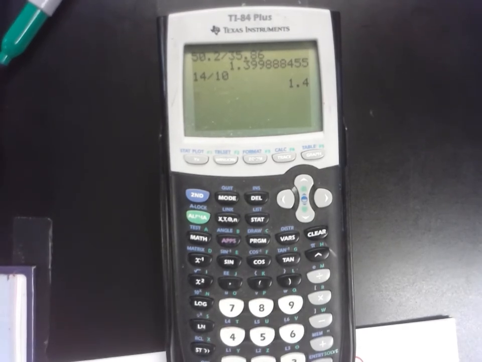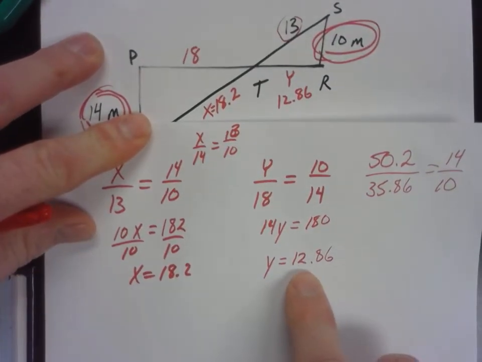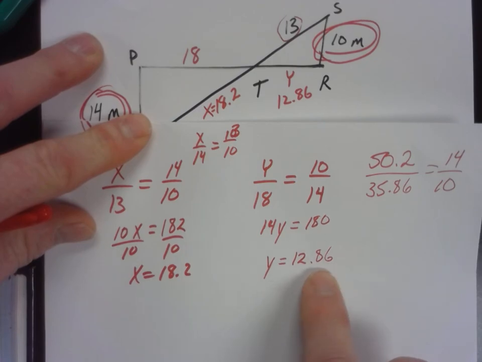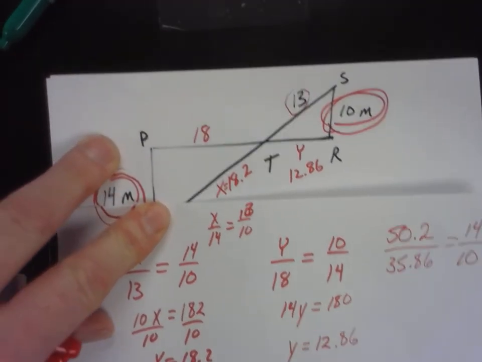Close. Why are they just close? Because on the 12.86, we rounded it. So right here on 12.86, this isn't exactly 12.86, is it? If we had rounded that further, then we'd be even closer.